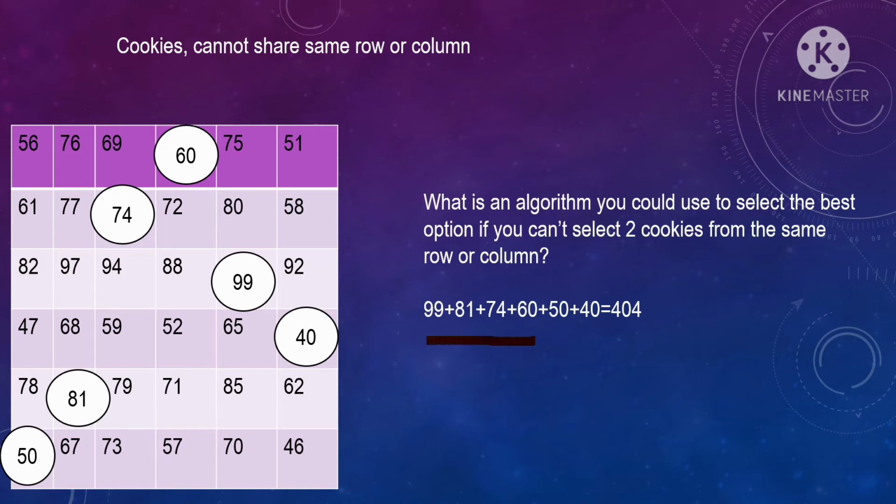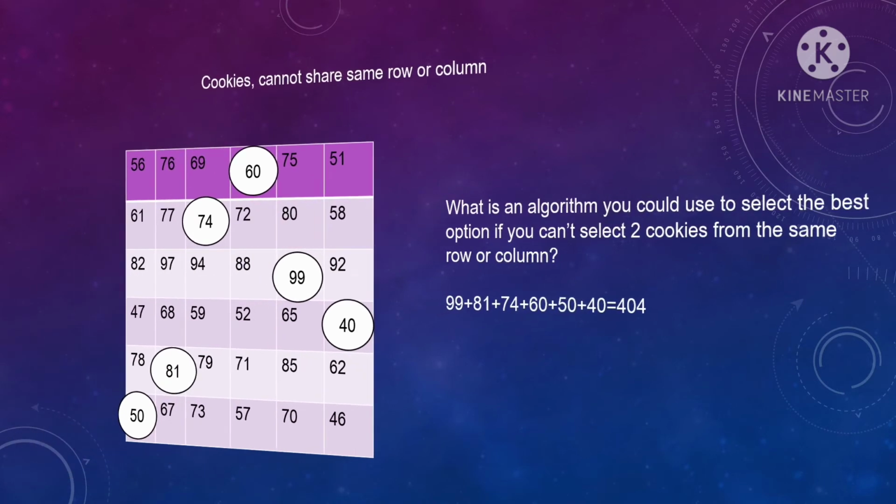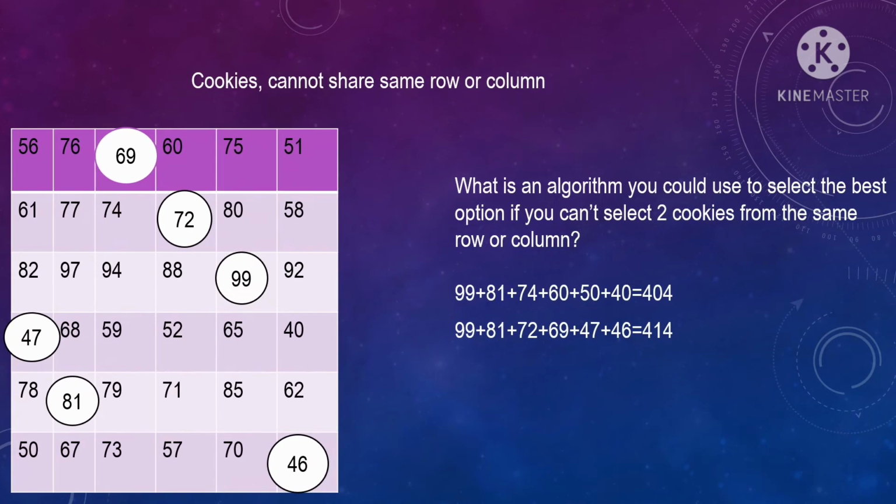That is called the sorted array, because it goes from largest to smallest. 99 plus 81 plus 71 plus 69 plus 45 plus 46 equals 414.